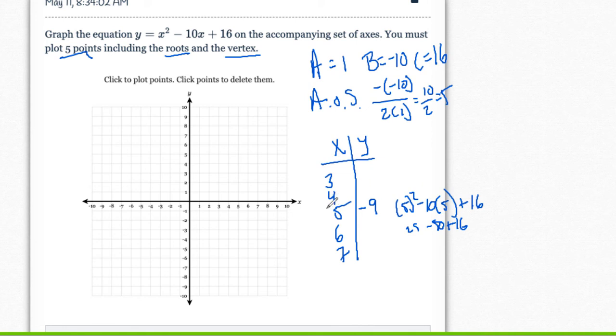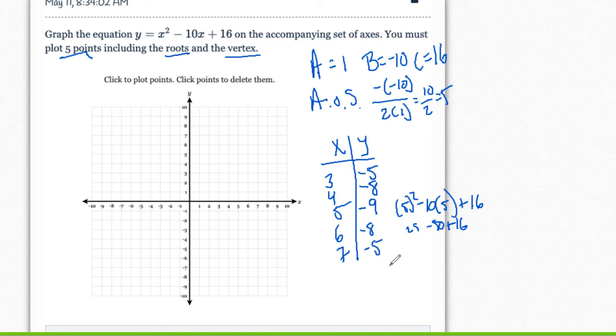Definitely use the calculator, either Desmos I recommend, or the Google calculator is fine. So 4 squared is 16, minus 10 times 4, 16 minus 40, plus 16 gives us negative 8. Now that's negative 8, that's negative 8. So 3 squared is 9, minus 30, plus 16, that's negative 5, which means this is negative 5.